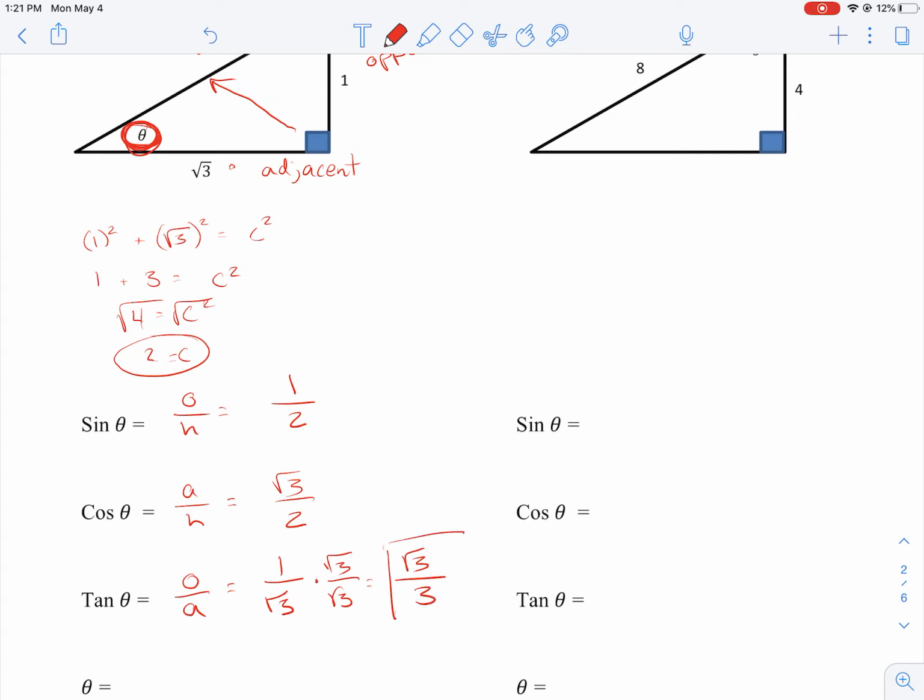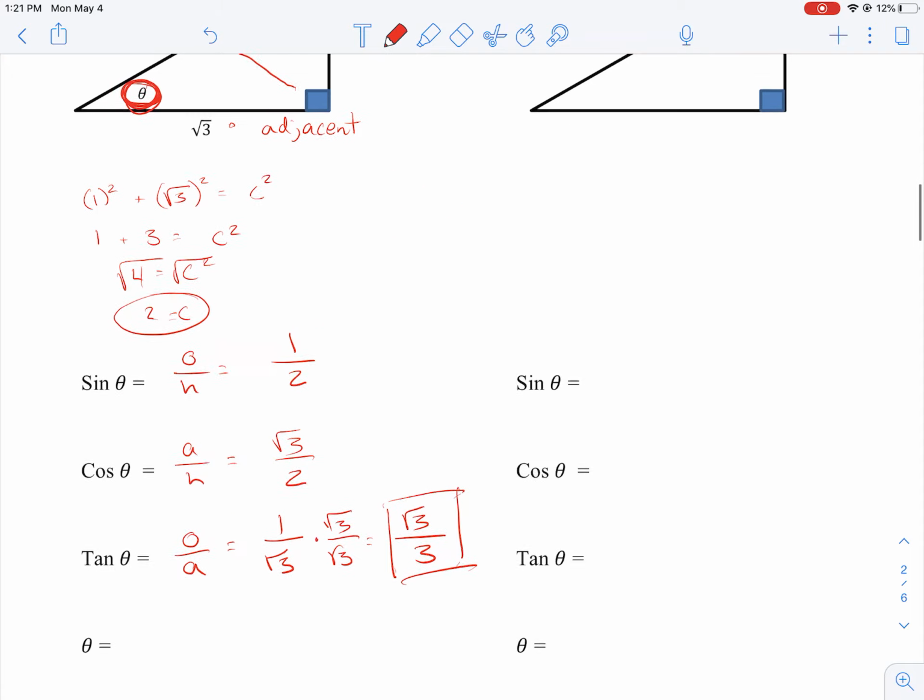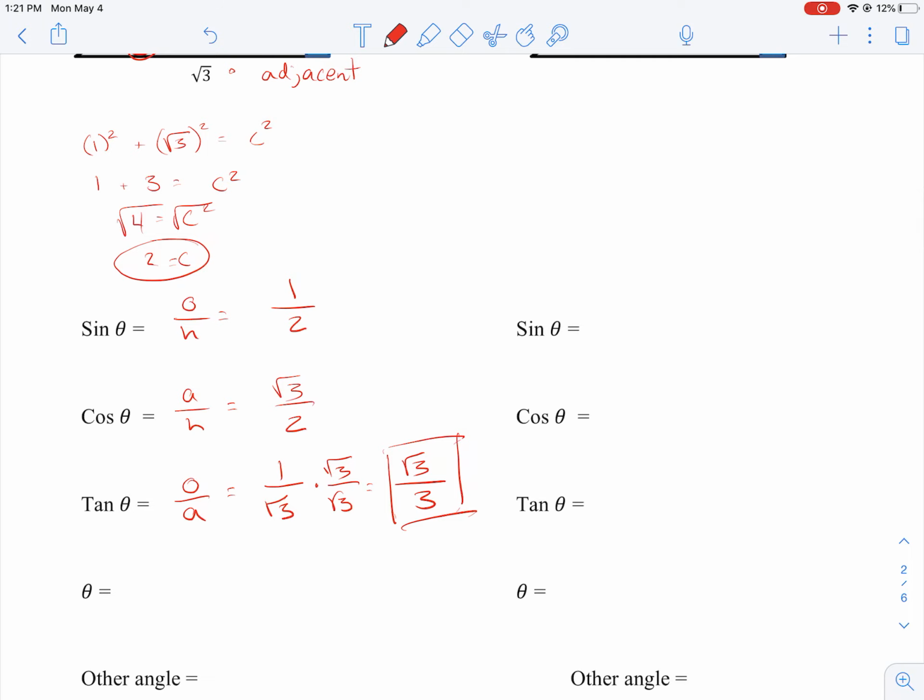Two radicals cancel on the bottom. Don't forget, anytime you multiply a radical times a radical, and you have the same number underneath that radical, those radicals cancel, and you're just left with whatever number is in there. So in this case, square root 3 times square root 3 is just equal to 3. Okay. And so now we need to find out what this angle is.